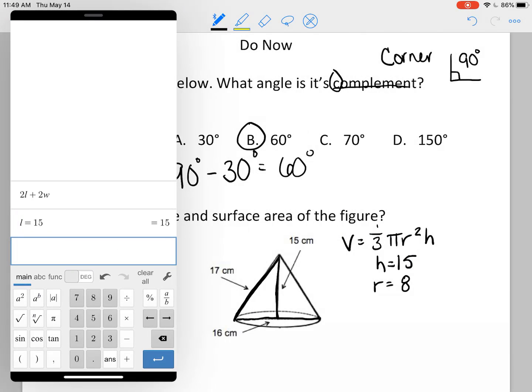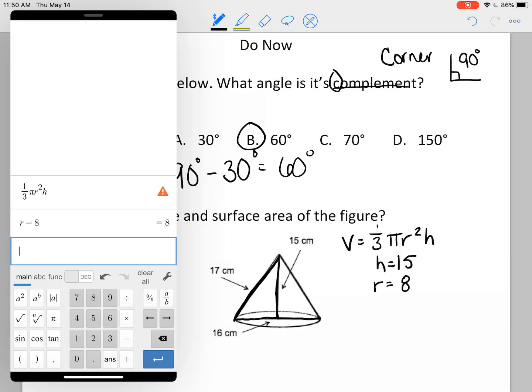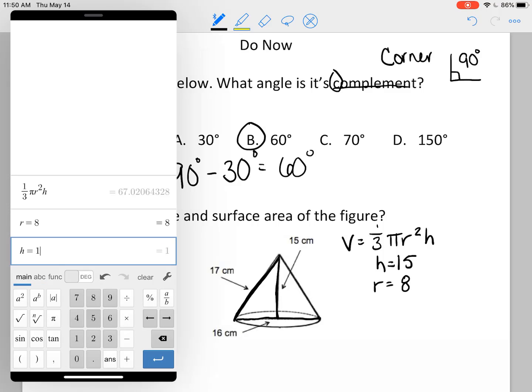From here, we can use Desmos. First, we type in our formula, excluding the V equals. So I'm going to type in 1/3 pi r squared h. And then I'm going to define those variables for Desmos. So r is equal to 8 and h is equal to 15.